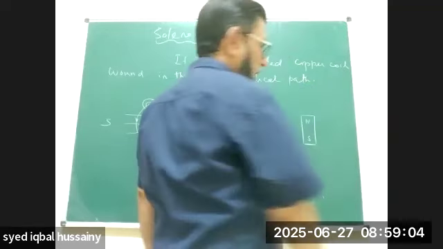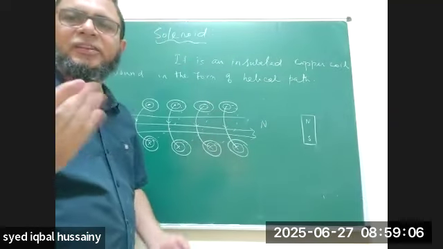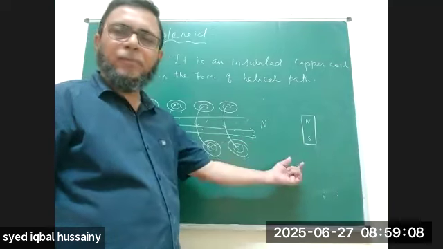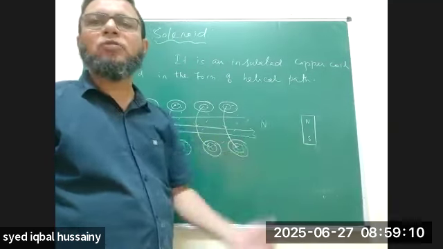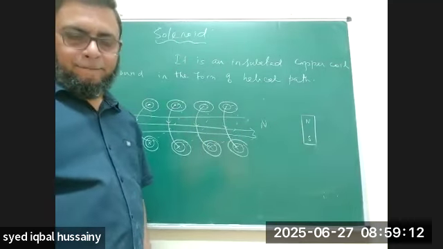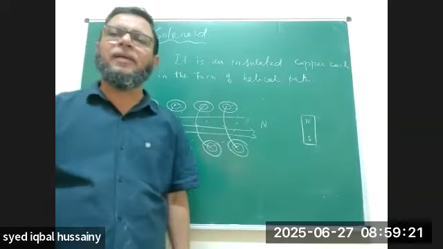Anyone online, quickly say. If this is the north pole and this is the south pole, how will the magnetic field line go? Around it, many magnetic field lines will be there. Okay, many, but say one line. Tell me how it will go, from where to where.